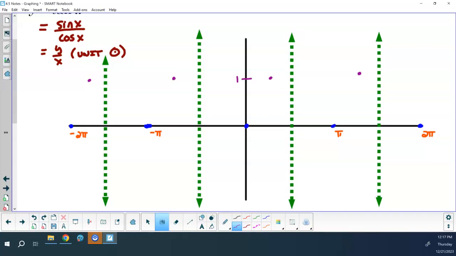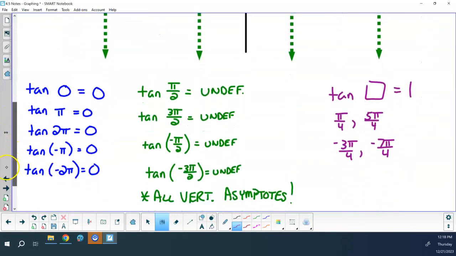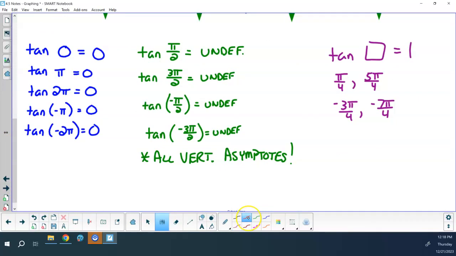What's another easy tangent value to find? Negative 1. I'm going to go with red. Where would the tangent value be negative 1? 3 pi over 4 would work, yes. Seven pi over 4 would work.